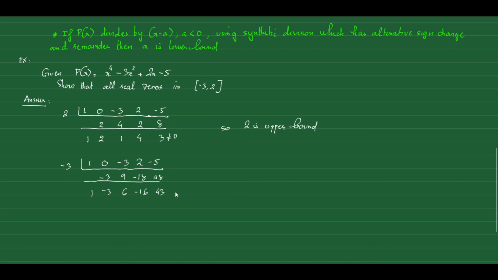The remainder is also different from 0, and the signs alternate, going from positive to negative to positive. So according to the theorem, negative 3 is a lower bound.